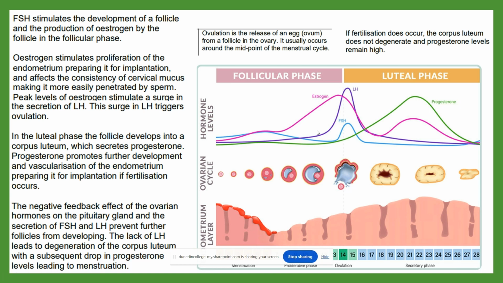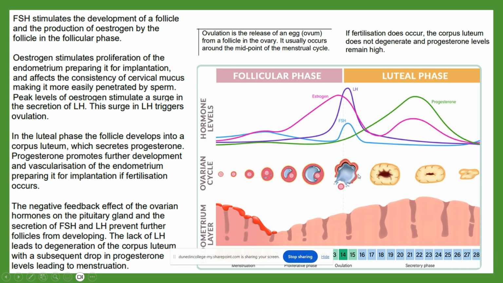This will occur around the midpoint of the menstrual cycle, but ovulation always occurs when LH is at its highest level. Ovulation also marks the halfway point, the end of the follicular phase and the beginning of our luteal phase.